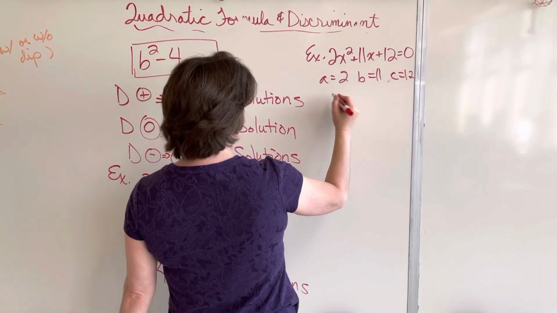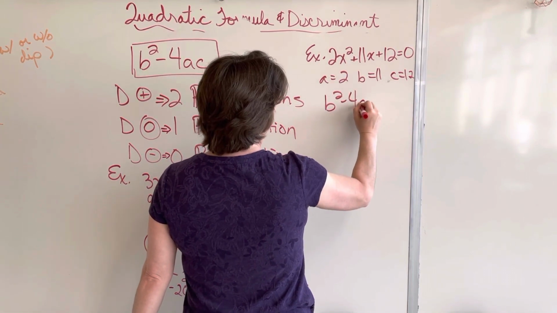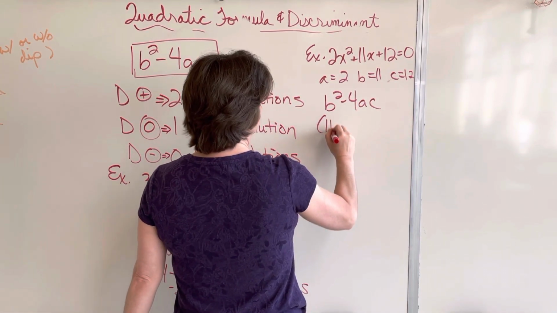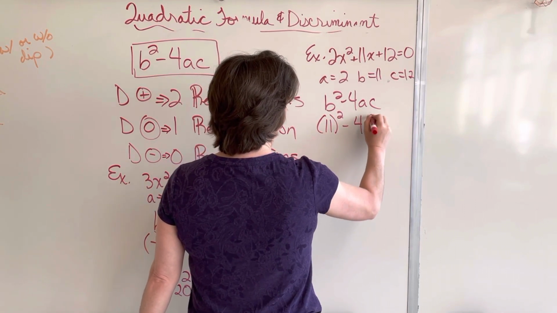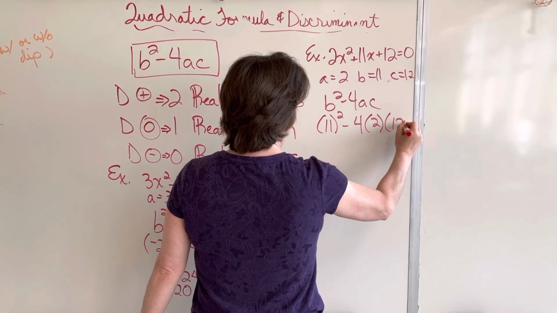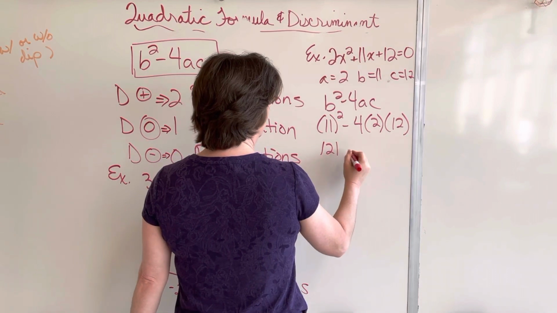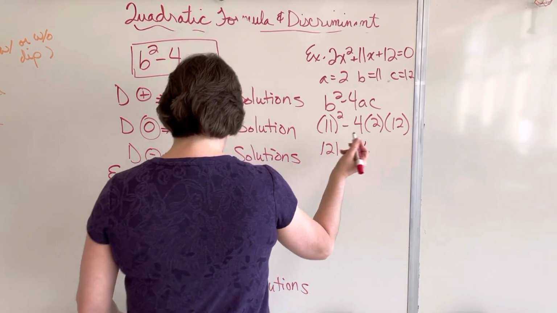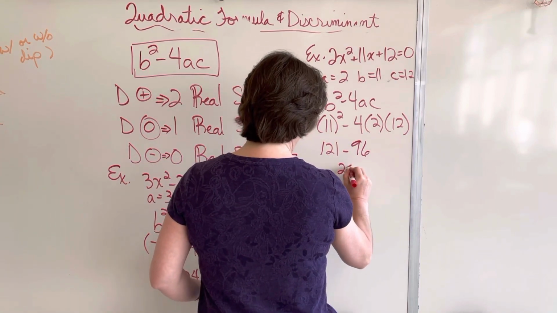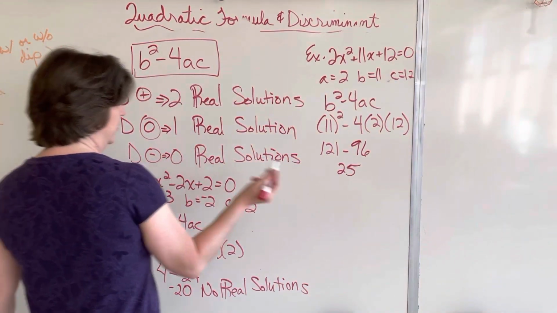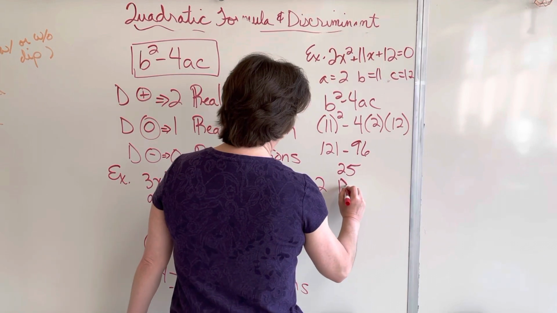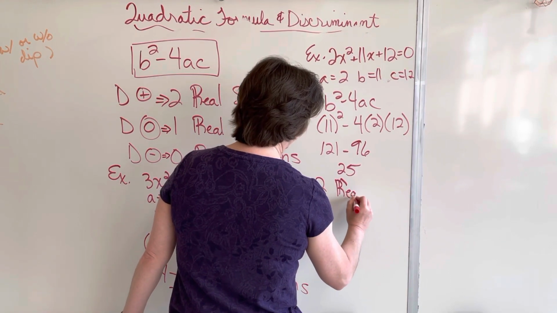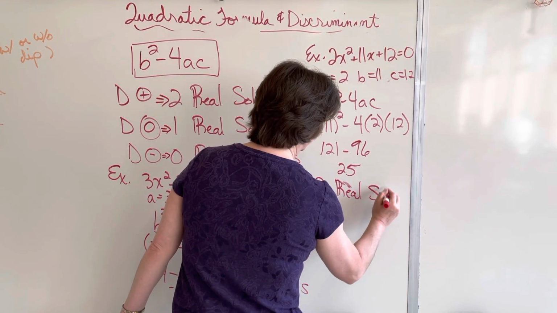I'm using the discriminant, b squared minus 4ac. b is 11 squared minus 4ac. 121 minus 96. That gives me 25. 25 is a positive number, so I know I have two real solutions.